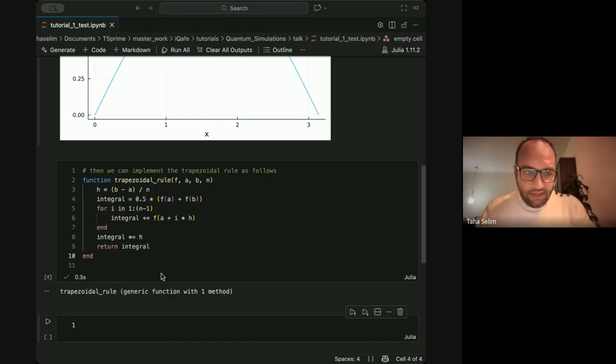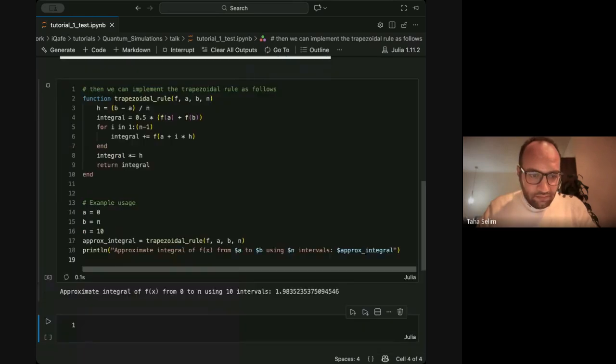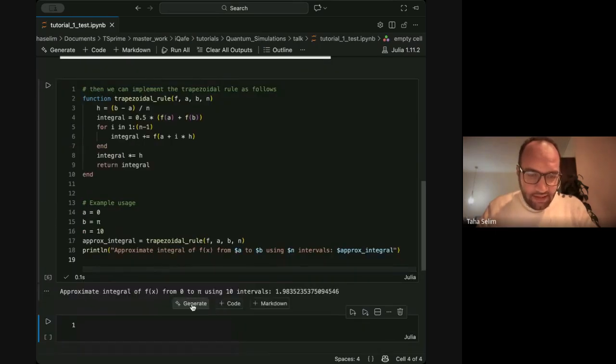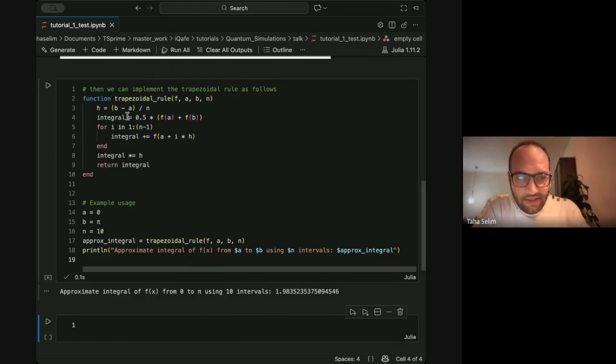If I do it like this, I can see that the exact value of this integral should be 2, but I used 10 points and didn't get exactly 2. If I'm doing a numerical simulation, I need very good precision for this integral, so it has to be 2. We have the trapezoidal rule and have implemented the formula here.